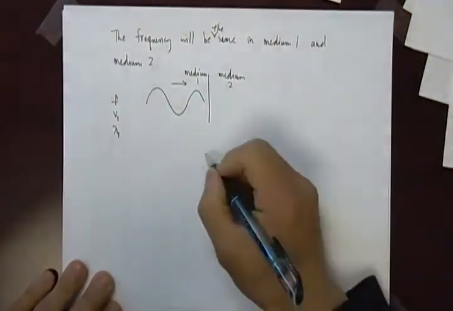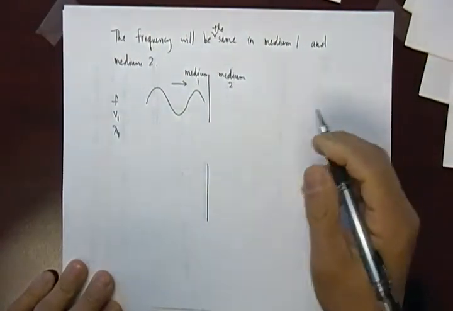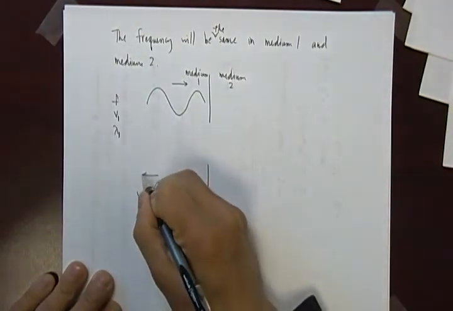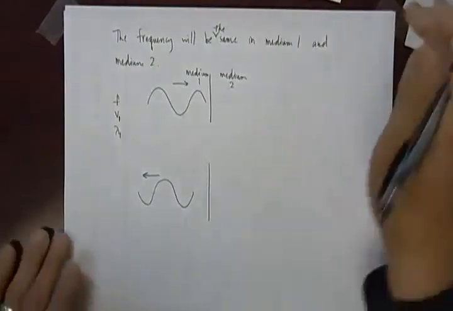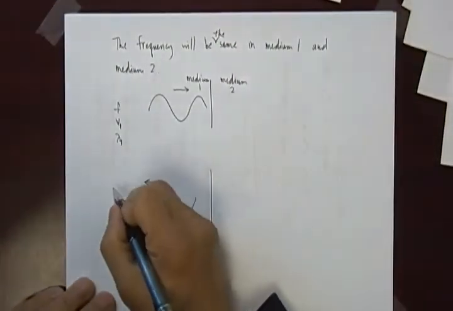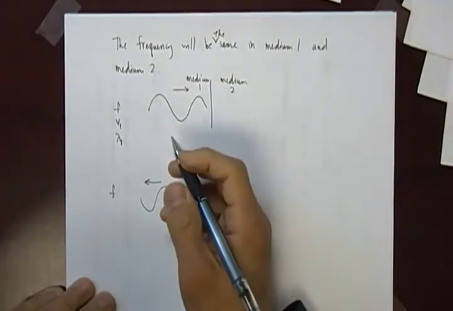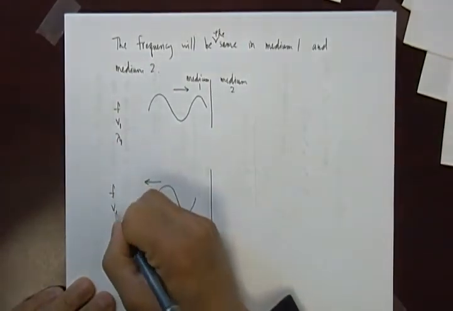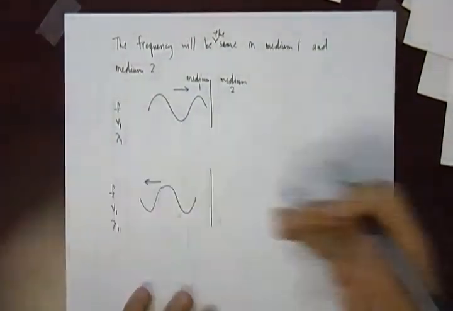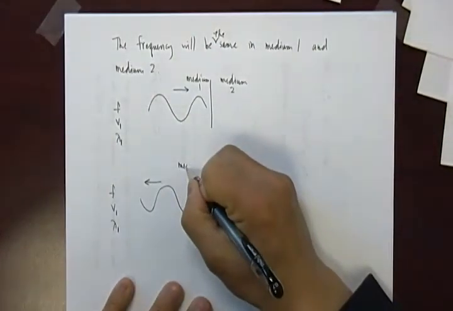And then for the final case, what do we have? We have some wave going the other way, like this. And I'm just going to talk about the speed, not the velocity, so don't worry about any minus signs here. So the frequency will remain the same, it's F. The wave speed will remain V1. And the wavelength will remain lambda 1. It's just going in the opposite direction.